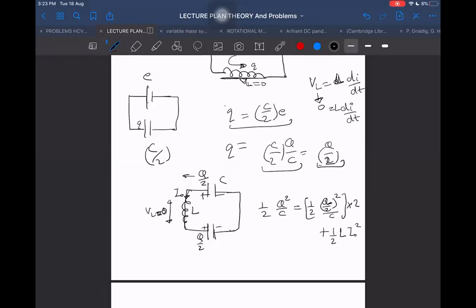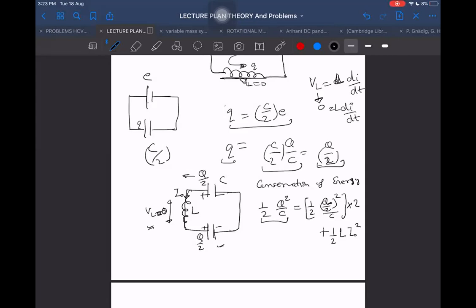So are we getting the value of peak current from this now, by energy conservation? Conservation of energy. Initial energy I am equating with final energy. Initially energy was only in one capacitor. Neither the inductor was carrying magnetic energy, nor the other capacitor was carrying energy. But finally, when charge Q by 2 is supplied, this also remains Q by 2, and the other also gets Q by 2.